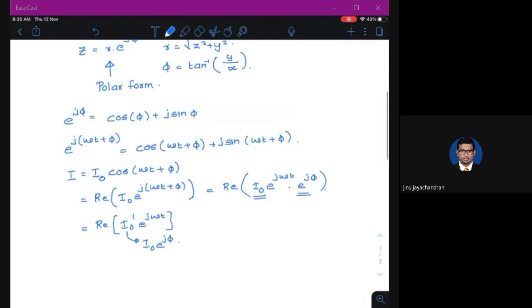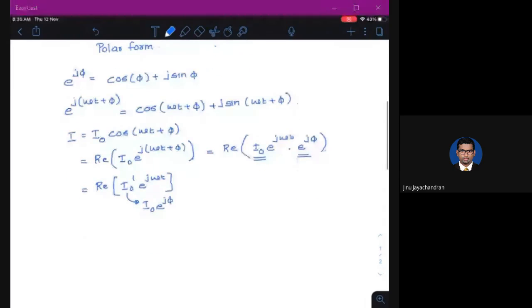Now, why do we want to represent it like this? Whatever be the current or voltage, there will always be this time dependent term, which is cos of omega t plus phi or sine of omega t plus phi. So that means we'll always have the e raised to j omega t term.